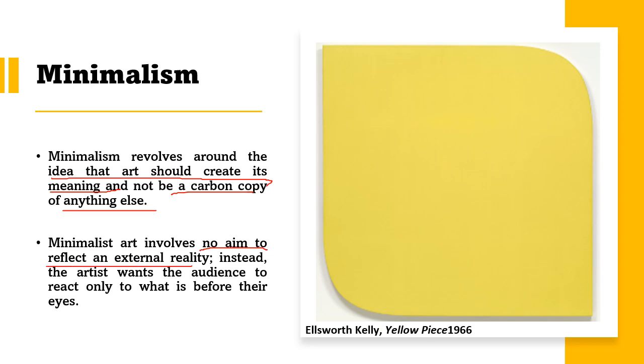Instead, the artist wants the audience to react only to what is before their eyes. For example, we have this artwork by Ellsworth Kelly entitled Yellow Piece in 1966. That's just as simple as it is. The artist just wants to convey the color yellow in this style. So it's very simple.